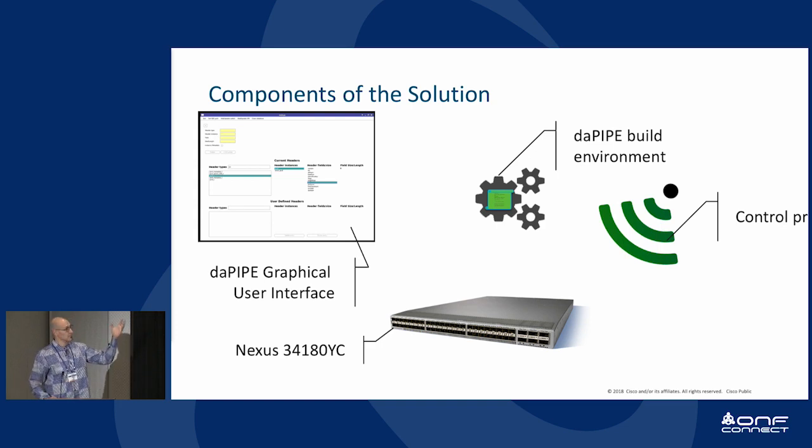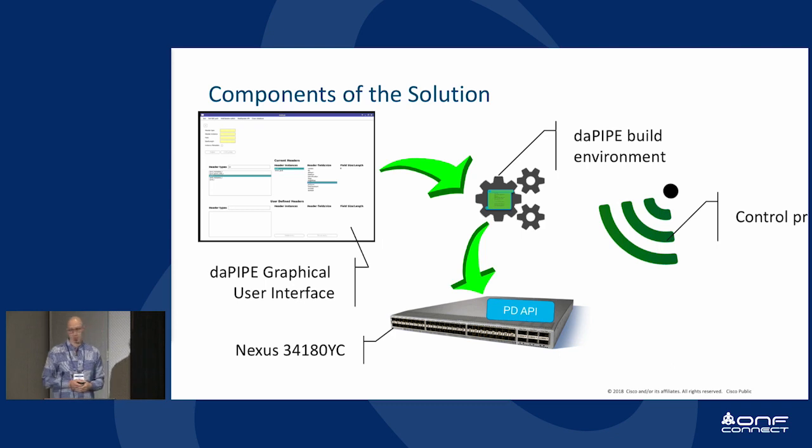And then we have a build environment, which is optionally separate. They can be run in the same environment, the graphical user interface and the build environment, or they can be physically separate. And the idea is the user uses the graphical user interface to write its code, and then when it hits the button compile, the code is shipped to the build environment that is merging the code with the vendor code and uploading it on the switch.